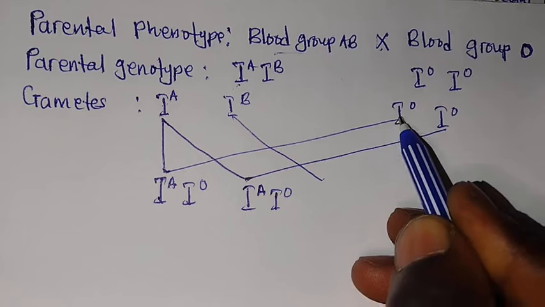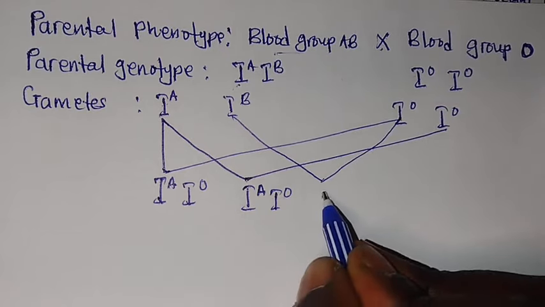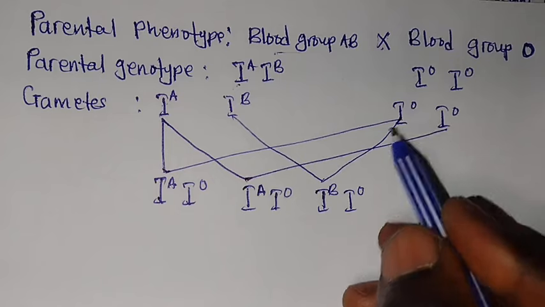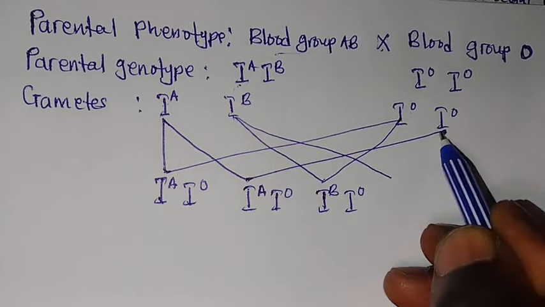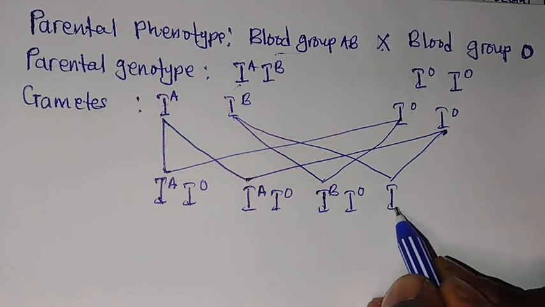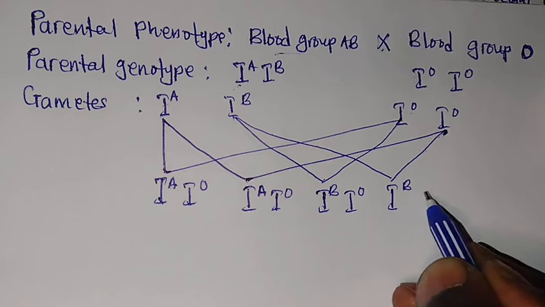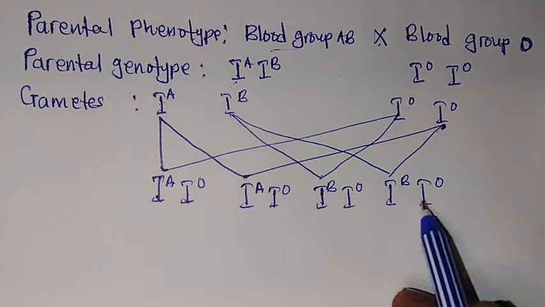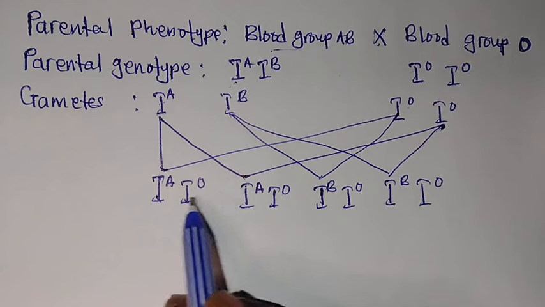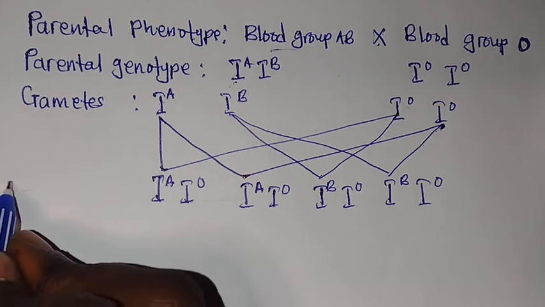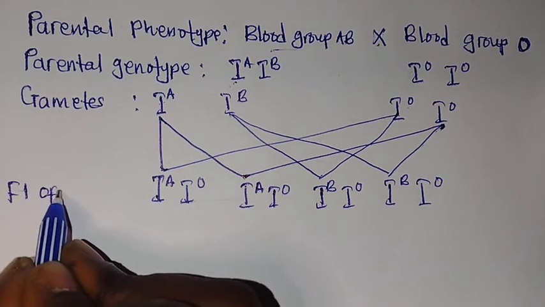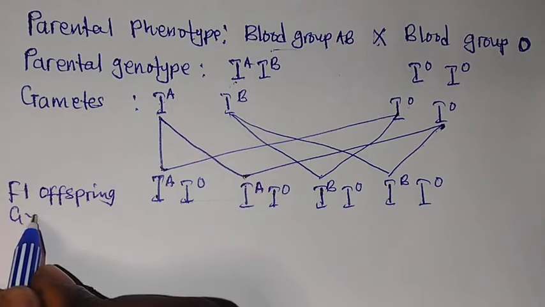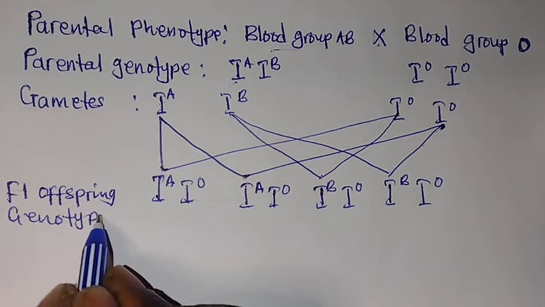This one and this one are going to have B and O. Then this one and this one, we are going to have B and O. So this that you have gotten is the genotype of the offspring. So here we are going to write F1 offspring genotype.